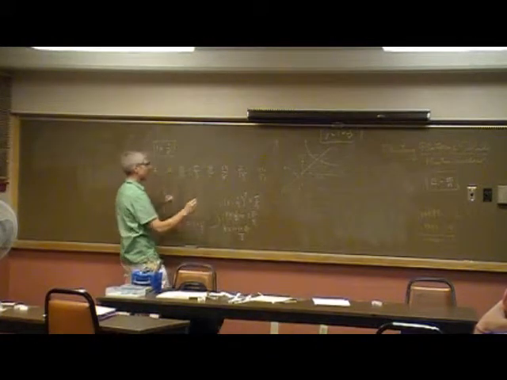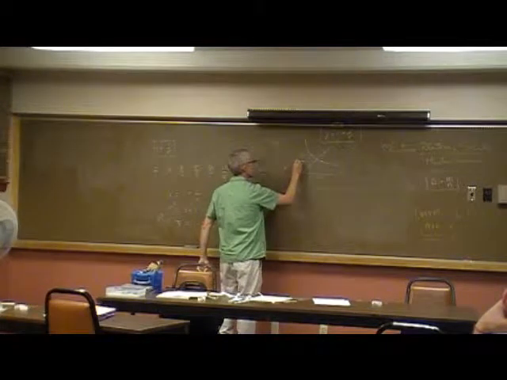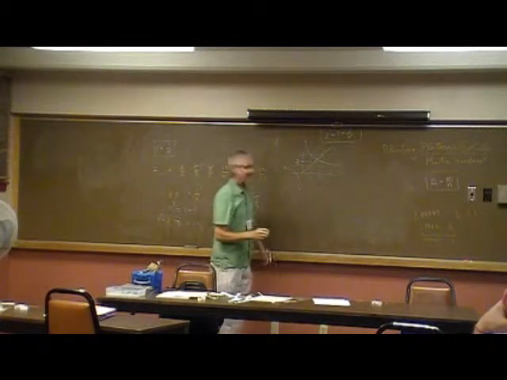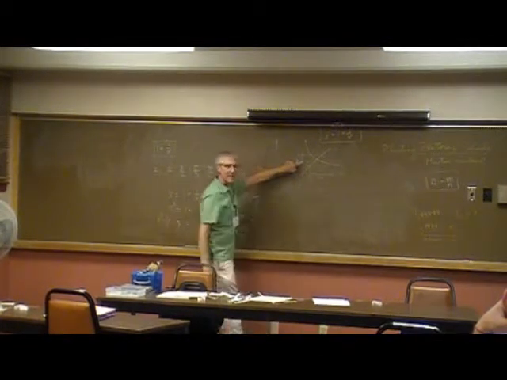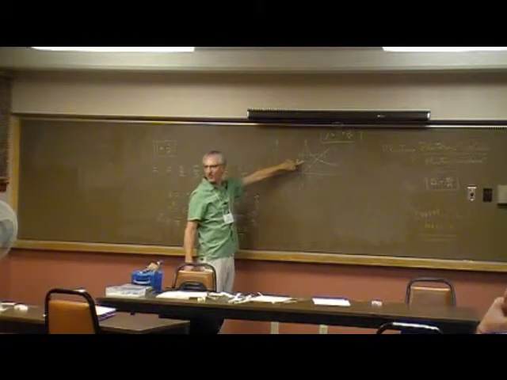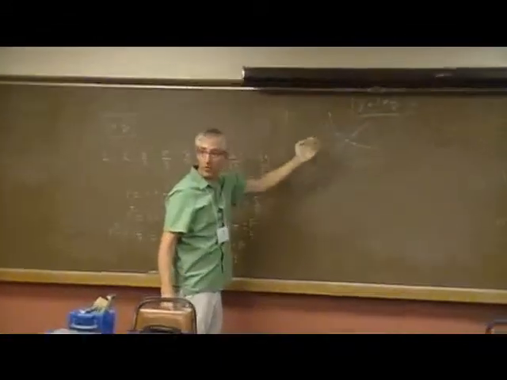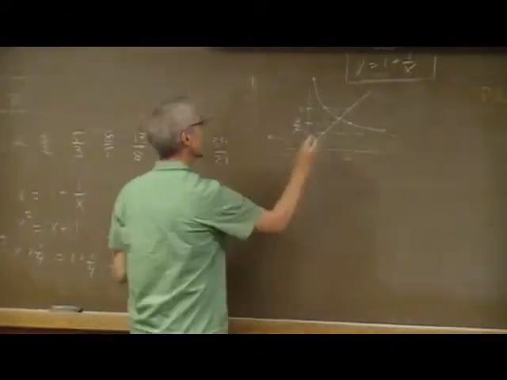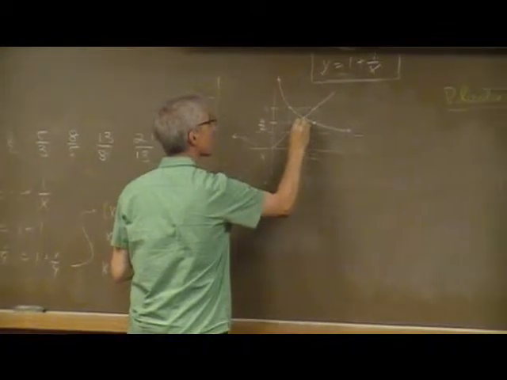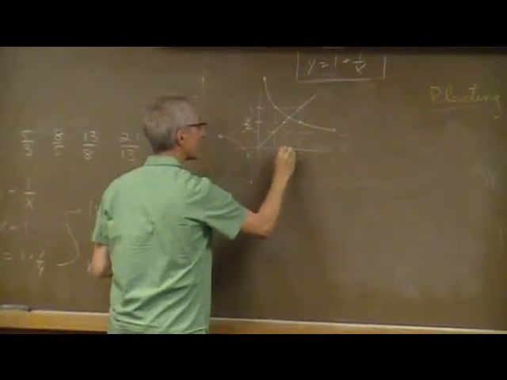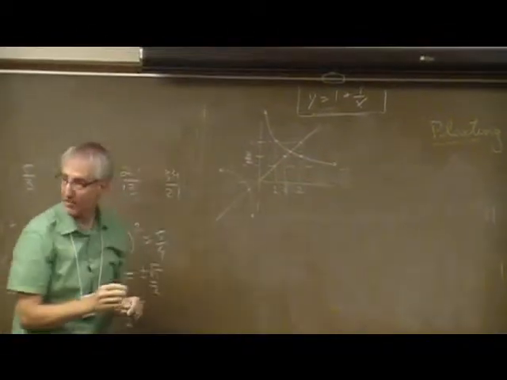What was that? 3/2. And now I would like to turn this y value into an x value. Again, I could reflect across the line y equals x, or I could just go over to the line y equals x, and that will be my x value 3/2.